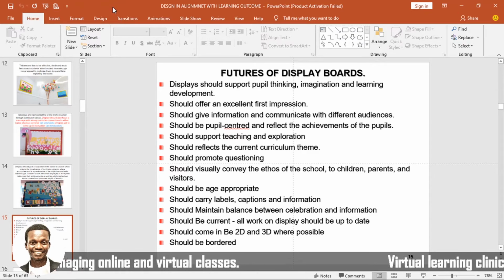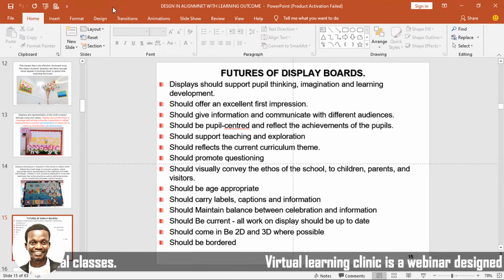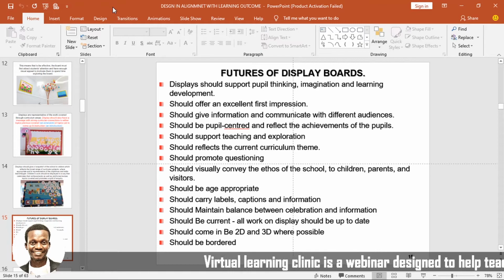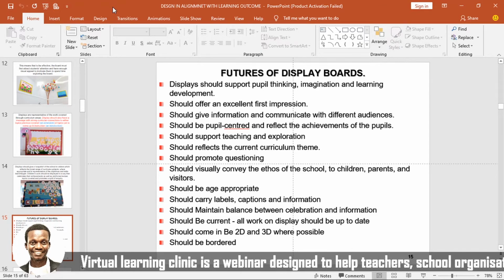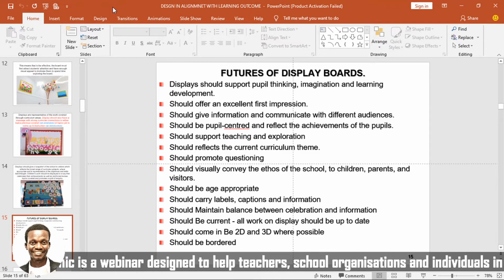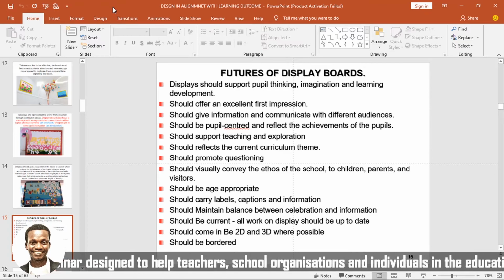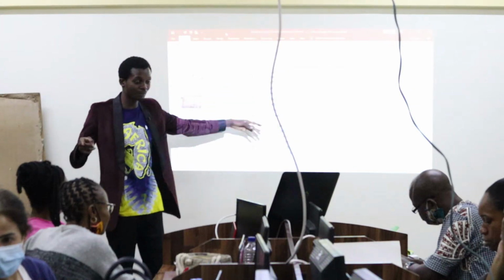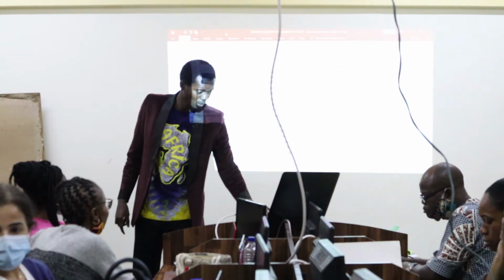They should offer an excellent first impression. This particular one is actually very important. They should be age appropriate. Every display board should be age appropriate. And then the last one, they should be bordered around. Any display board you create in the school should be bordered. I did not explain all. There are still more of them.